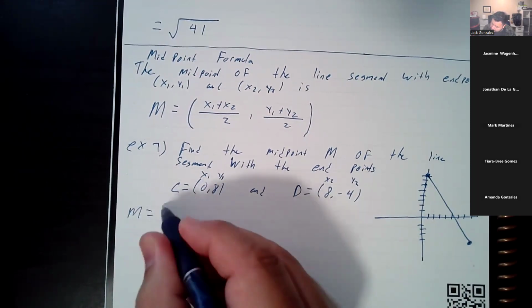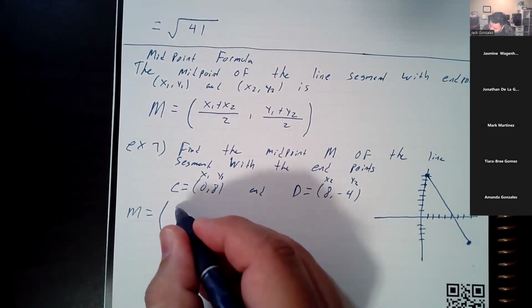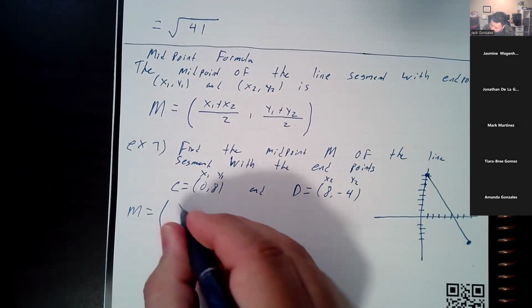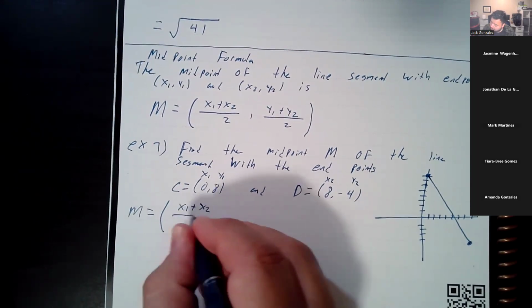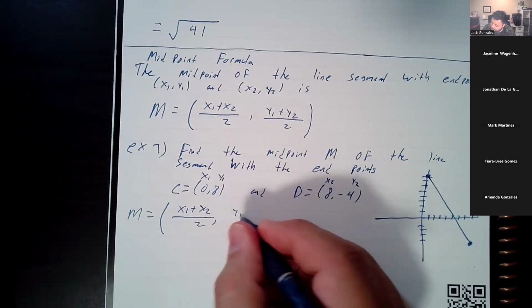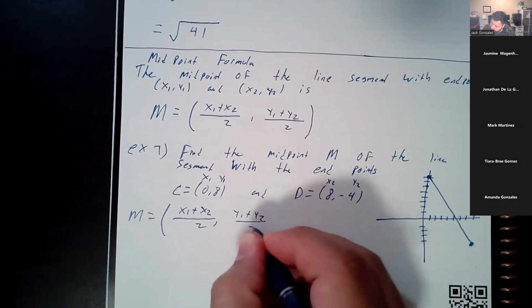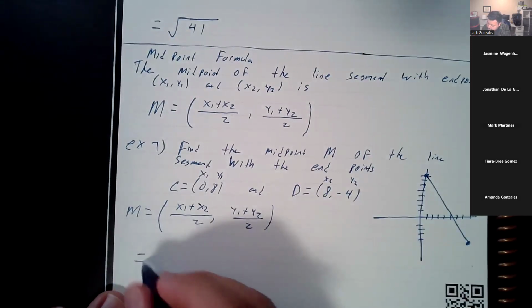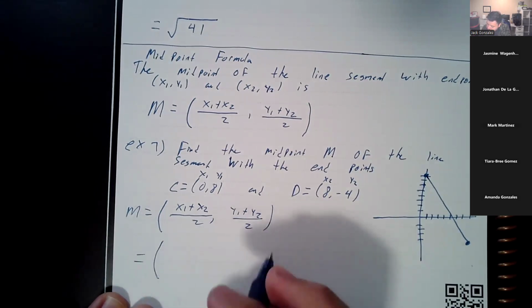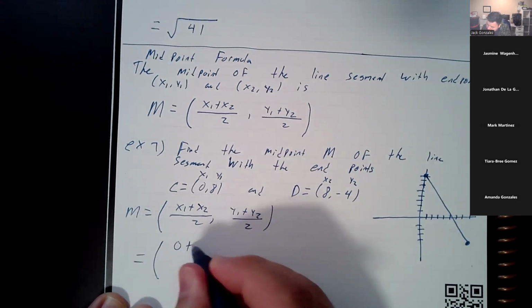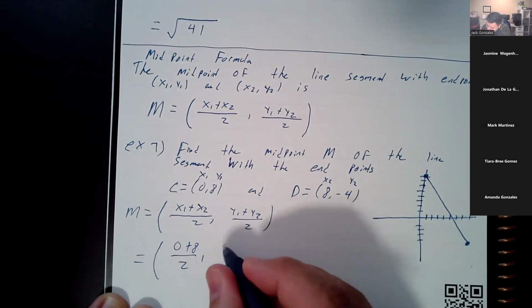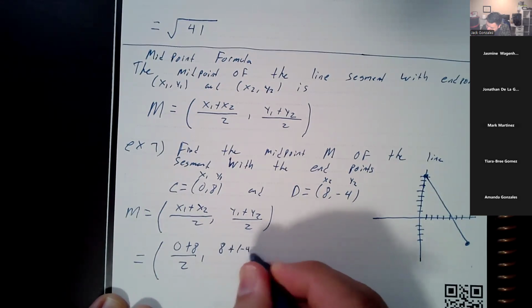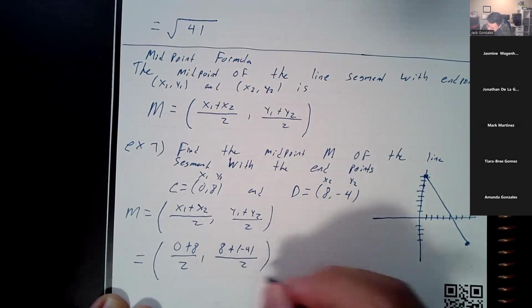M is equal to x1 plus x2 over 2, y1 plus y2 over 2, which is equal to 0 plus 8 over 2, 8 plus a -4 over 2.